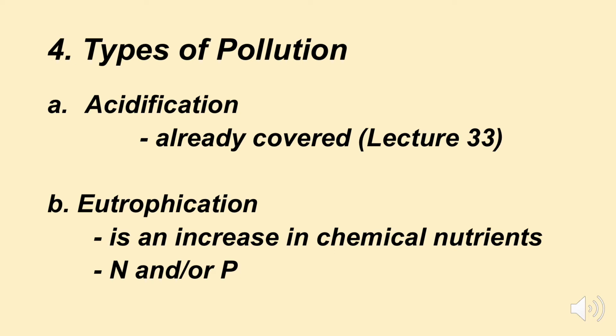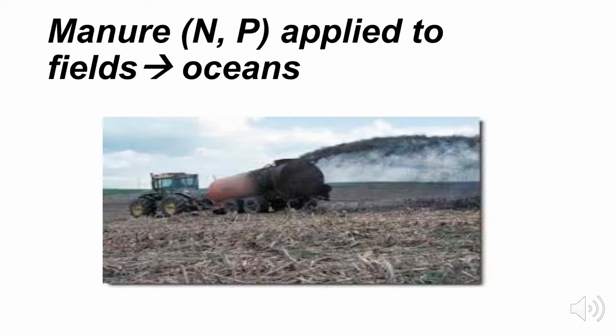How do we get eutrophication started? We get it started on land. One way is to apply animal waste. Remember, we're raising more and more animals for human consumption. The waste from the animals, the manure, is rich in nitrogen and phosphorus. We often apply that nitrogen and phosphorus back to the farmland soil to enrich the soil so we can grow more crops.